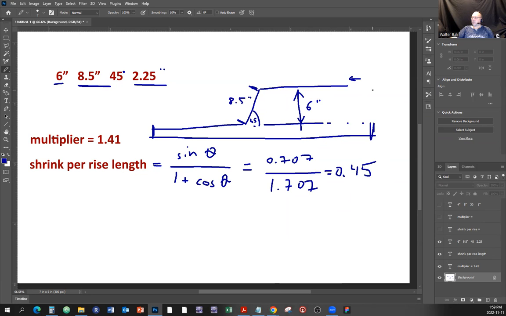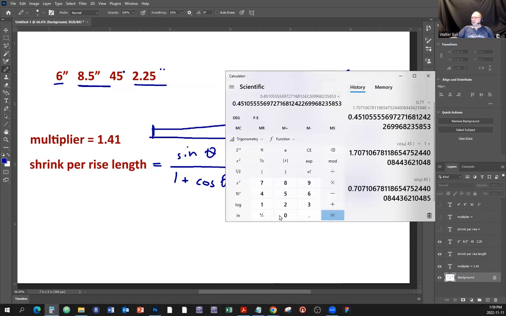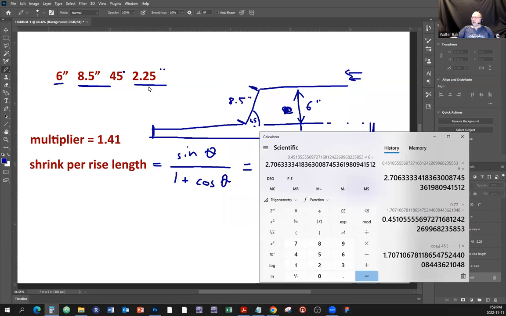So how much is the whole pipe going to shrink? We're going to have to multiply this number by this number to find out how much this length is going to be. Right? So 0.45 times 6 equals 2.7. And this one here says that we're going to shrink that pipe 2.25.